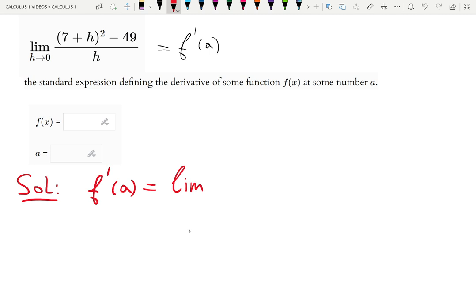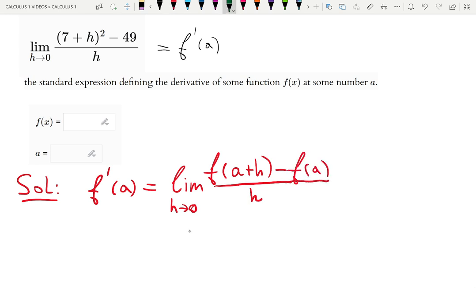It's a limit as h goes to 0, where h is in the denominator, f at the new input a plus the small change h, and h is small because it goes to 0, as you can see, minus the original f at a. So I usually describe it as new f minus old f all over this small change that made the new f.